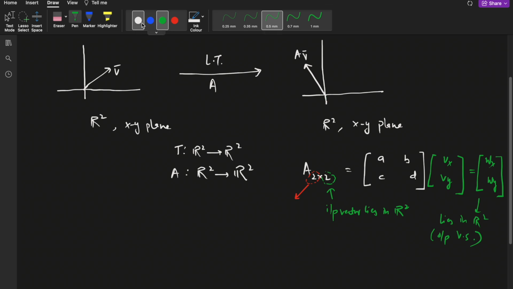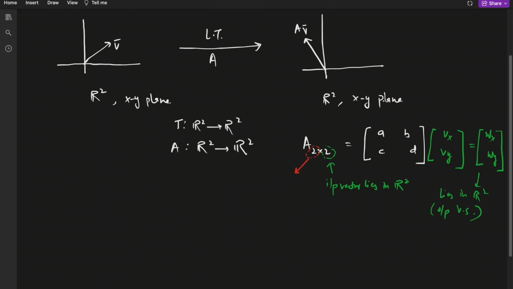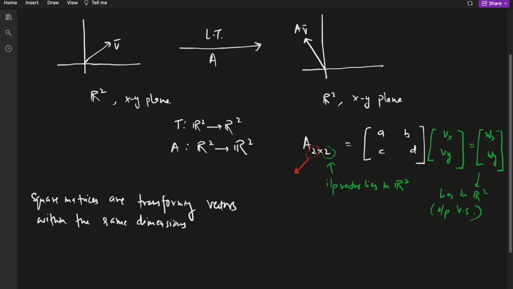All right, so if you see, square matrices are transforming vectors within the same dimensions, so either R2 to R2 or R3 to R3.